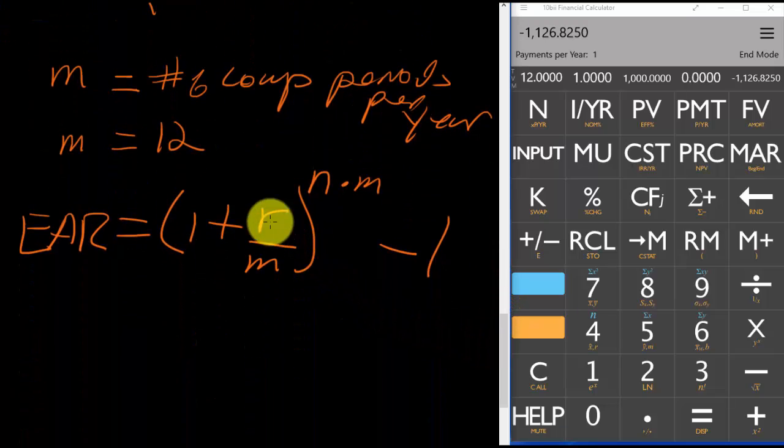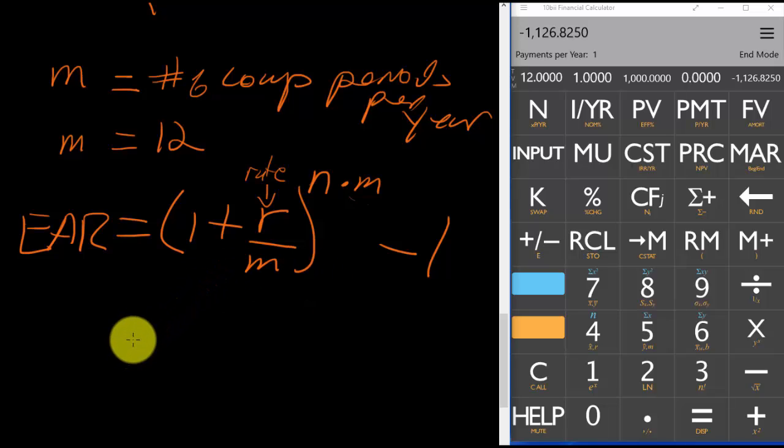Take the interest rate and divide it by whatever that period is: 2 for semi-annually, 4 for quarterly, in our case 12 for monthly, and take the total number of periods, n, and multiply it by that same number. If I do that and take out the 1, then we get our actual EAR.